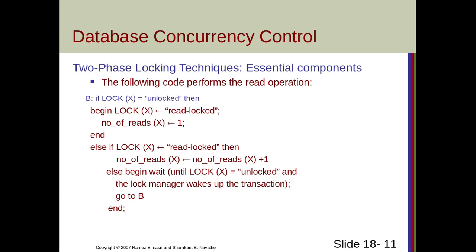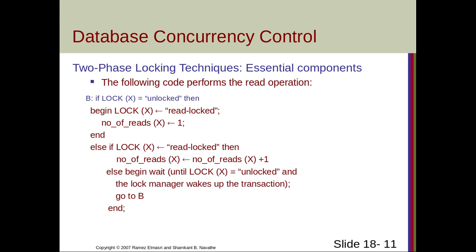That means a number of reads can be performed on the same data item, but writes are not allowed. So begin lock x is equal to read lock means you have locked the data item and the number of reads is equal to 1. That means only one transaction is using that variable.